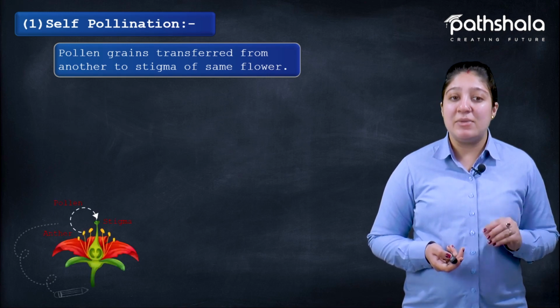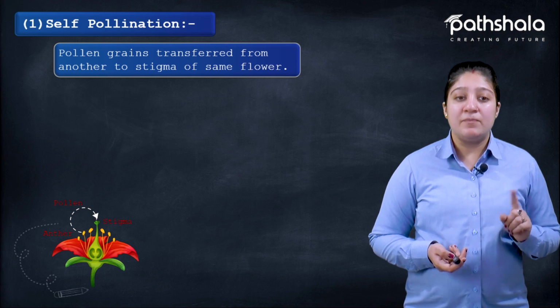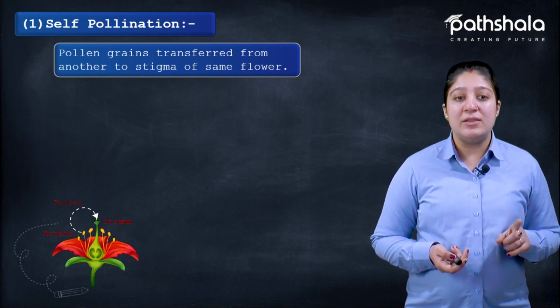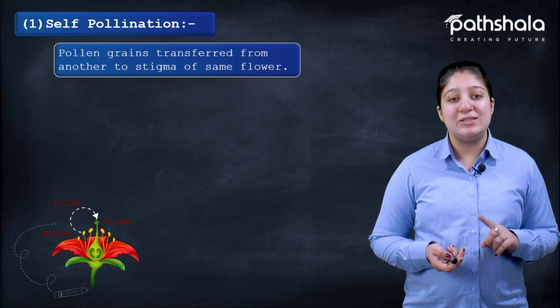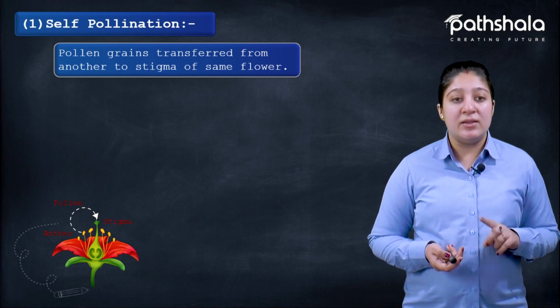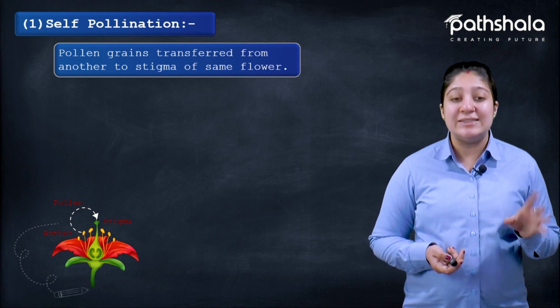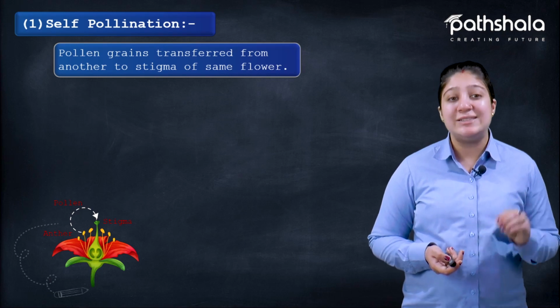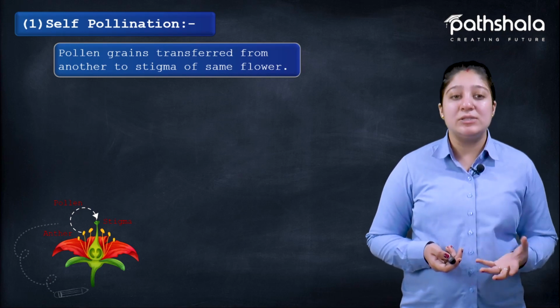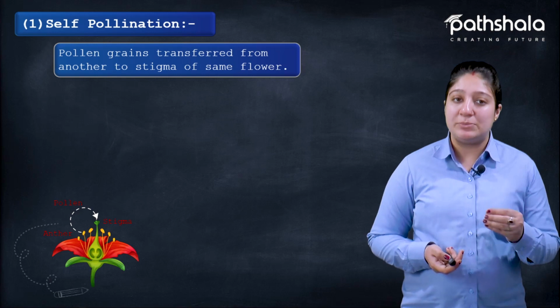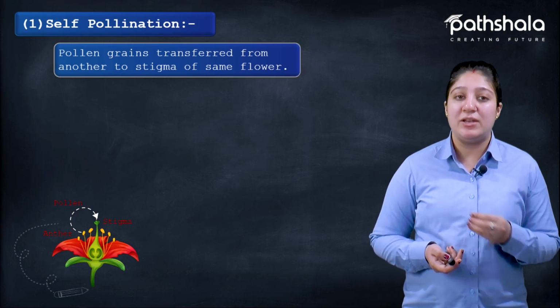Like in the image, you can see that when the pollen grains from the anther go and stick to the stigma of the same flower, since this process occurs in the same flower, it is known as self-pollination.